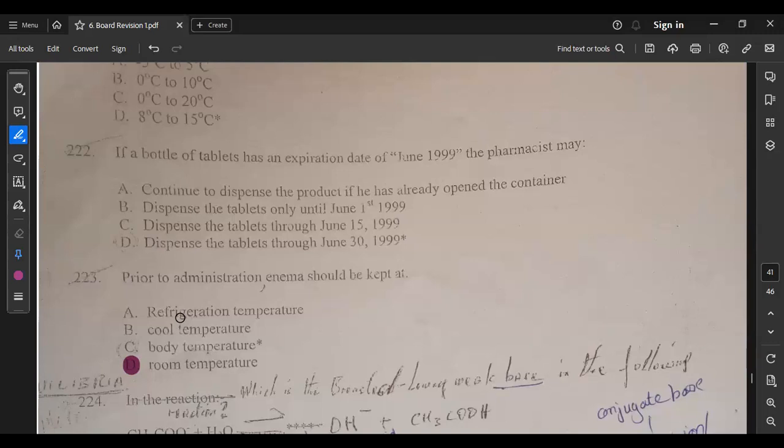So personally, I think it should be body temperature. Room temperature might be a bit low.